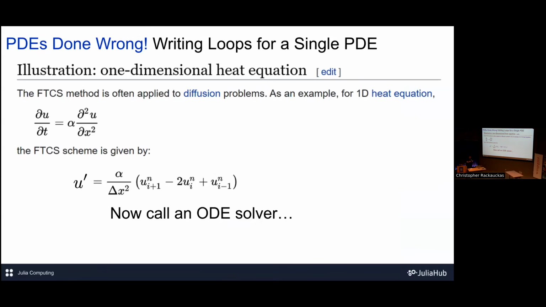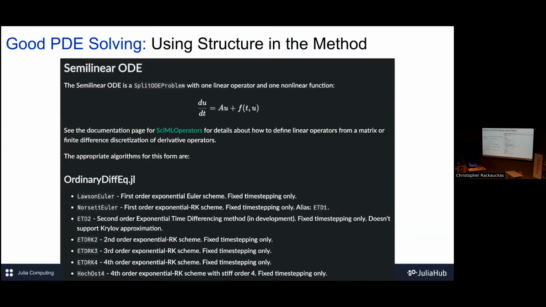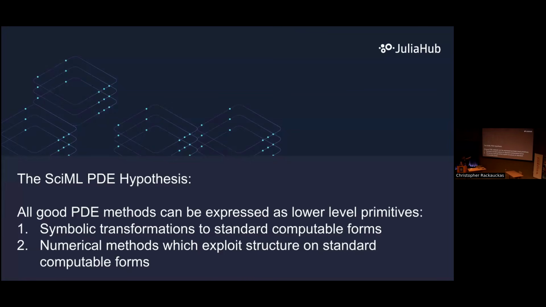The idea is, the core of doing PDEs well is you're turning things that are PDEs into standard mathematical structures every single time. And then on that standard mathematical structure, the numerical methods which exploit the structure specific to that PDE are the things that will be good, right? So instead of thinking about this as writing a PDE solver, there are two different steps.